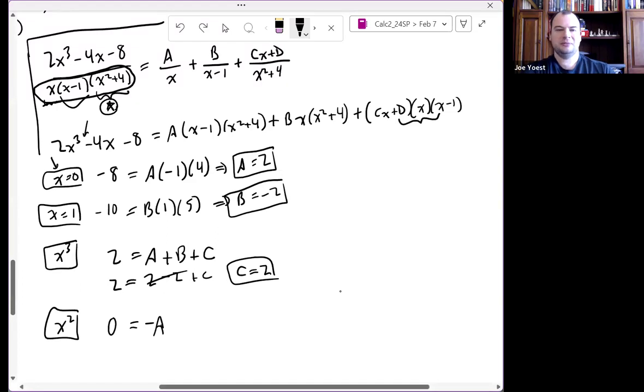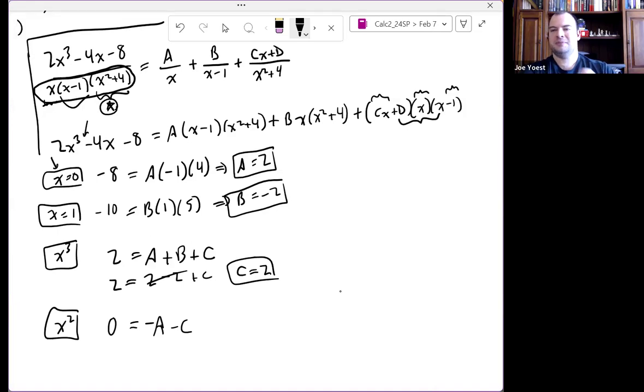And I might be a little excited and just jump to plus D here, but I have to be really careful. Do I have a contribution from this term? cx can multiply x and then multiply -1. So I do get a negative c or minus c coming in as a contribution to the quadratic term.